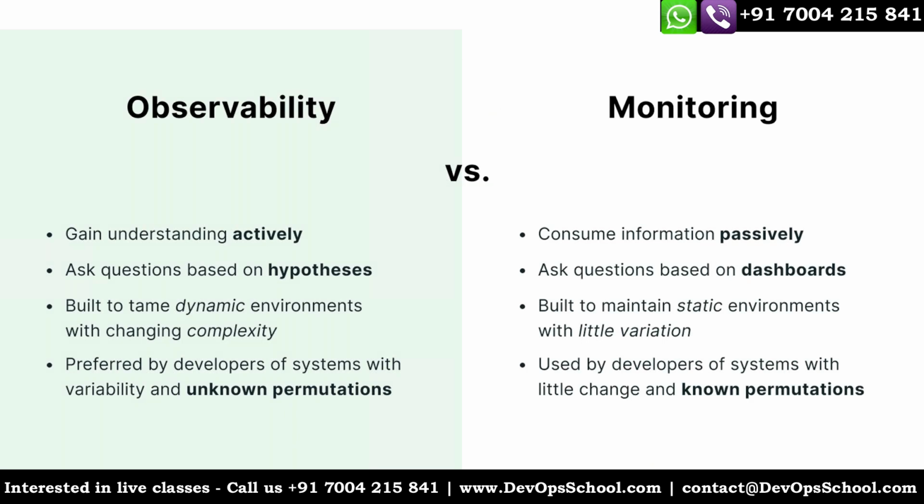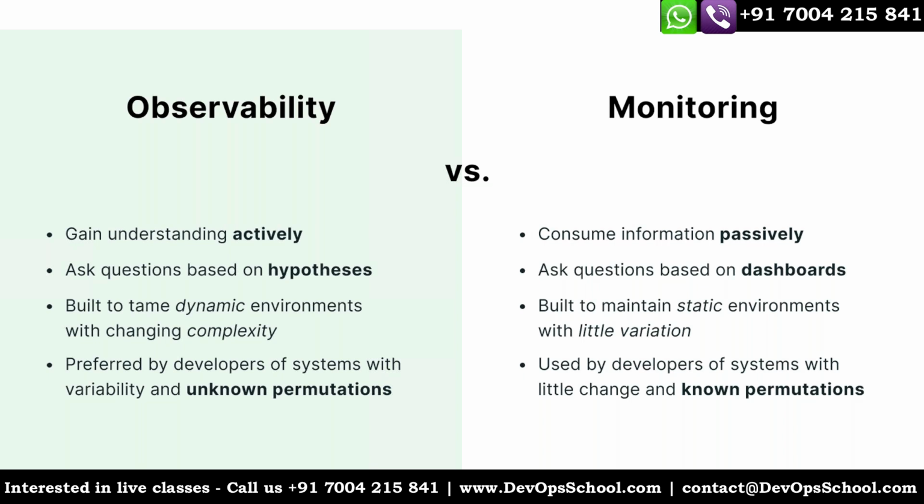Observability gains understanding actively, while monitoring consumes information passively. Observability asks questions based on hypotheses. Monitoring asks questions based on dashboards. Observability is built to tame dynamic environments like containers, Docker, and so on, with changing complexity, whereas monitoring was meant for static environments.